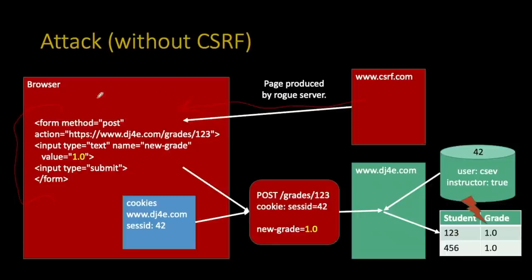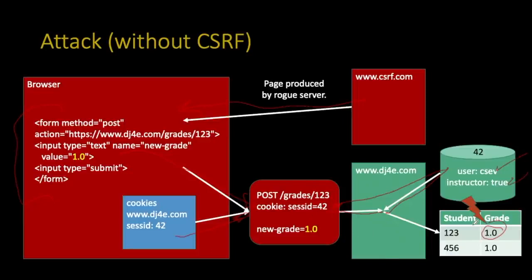So what happens is this submit comes in, and the browser dutifully appends the cookie to it, and it sends it. Now, you had to be tricked into getting to this page and sometimes tricked into submitting the page. But once the post comes in, it has the legit cookie in it. The cookie is used to look up the session and reassociate it, and we can check in the session that the user is indeed logged in, and we'll let the thing set the grade to 1.0.